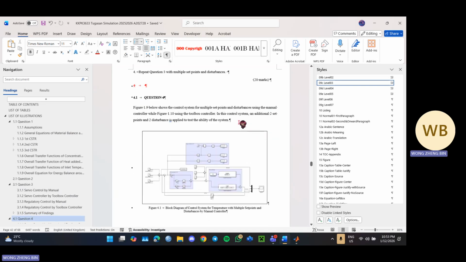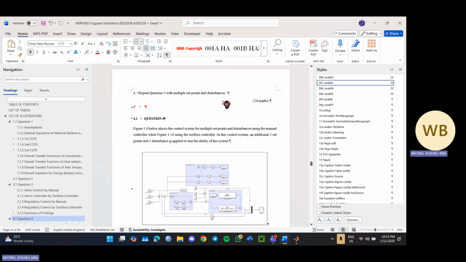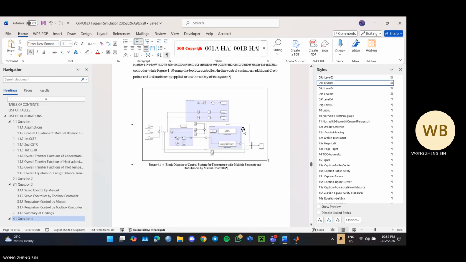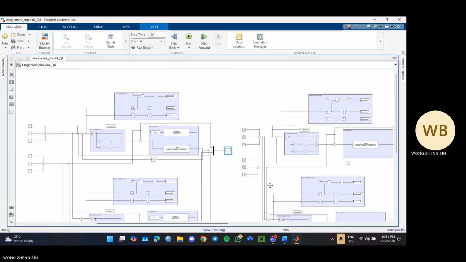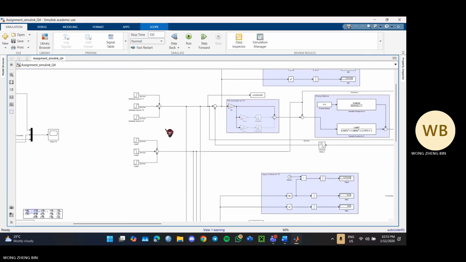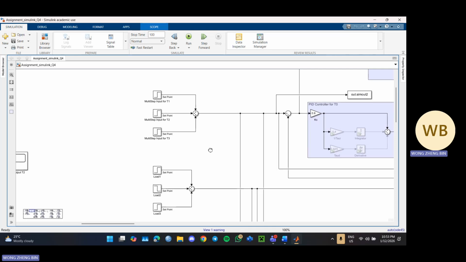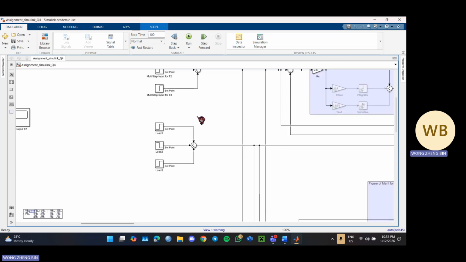And for question 4, we need to repeat question 3 with multiple set point disturbance. So the multiple set point disturbance is here. You can see that we have 3 set points for the input and 3 set points for the load.